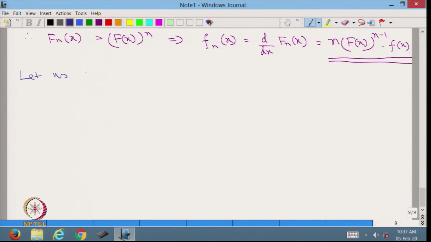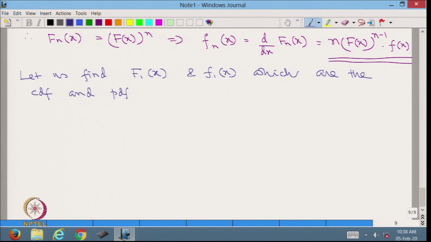Let us find F1(x) and f1(x), which are the CDF and PDF of the first order statistic.